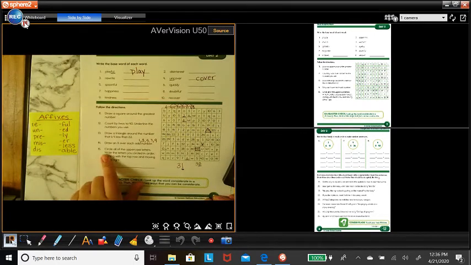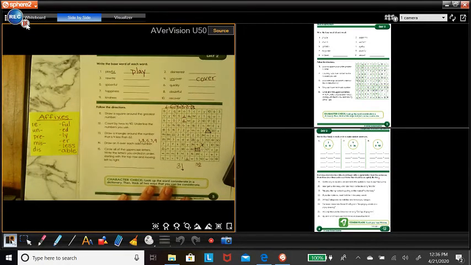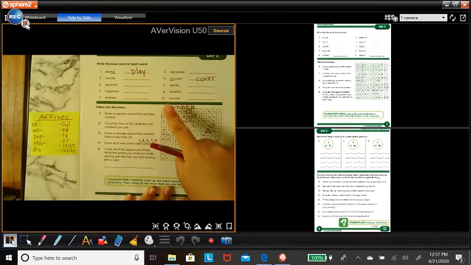Question 15. Circle all of the uppercase letters. Write the letters you circled in order, starting with the top row and moving left to right. So I'm going to go to my chart and circle all of the uppercase. So here's S, U, M, another M, E, and then it's telling you to put them in order, starting with the top row and moving left to right.